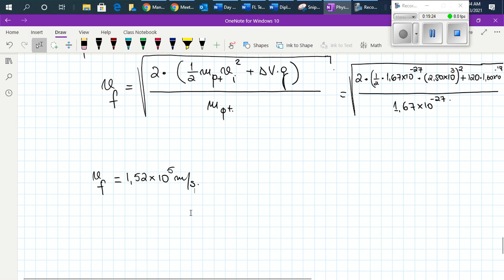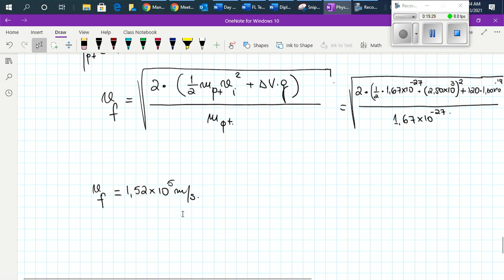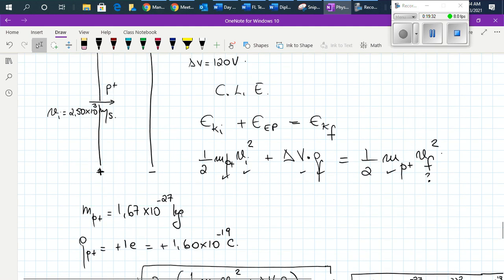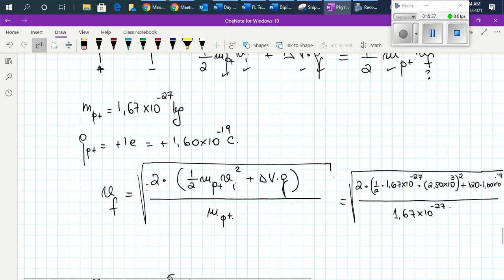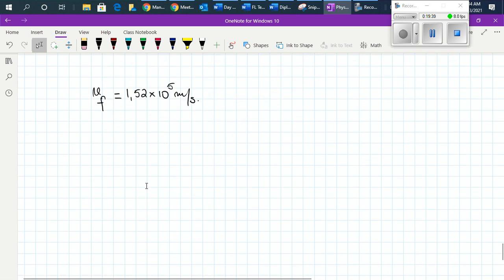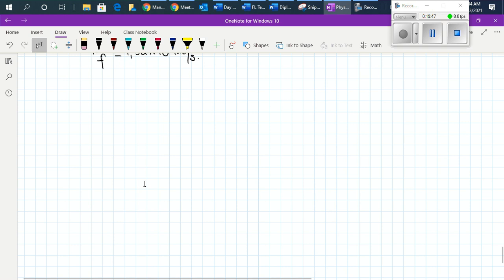Now let's see, we will refer to this because I want to ask you what will happen if you switch the polarity. So now the negative plate becomes positive and the positive plate becomes negative. But before we do that, this is for your homework, I will suppose. But then let's see when we have an alpha particle that is entering between two parallel plates.